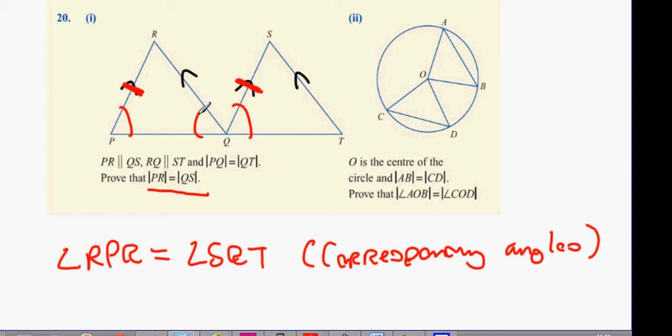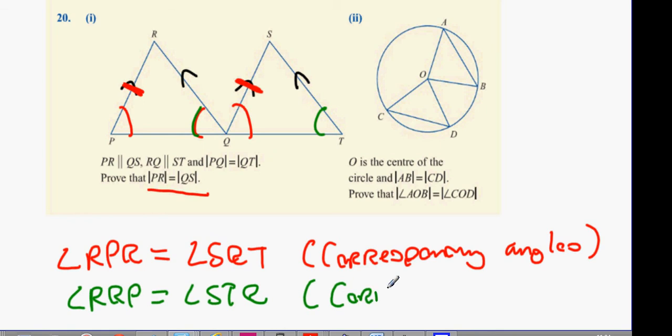This angle here in green equals this one here. So we're going to say angle RQP equals angle STQ. And the reason, once again, is corresponding angles. They'll ask you that, justify your answer in the Leaving Cert. So you need to be able to come up with these words.